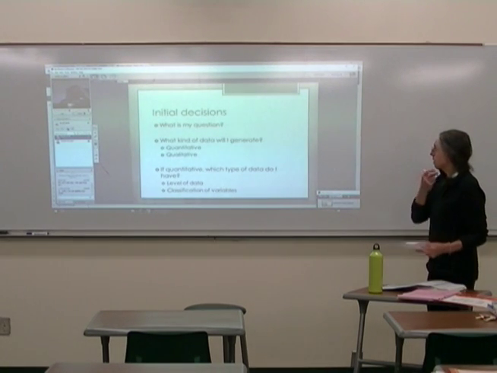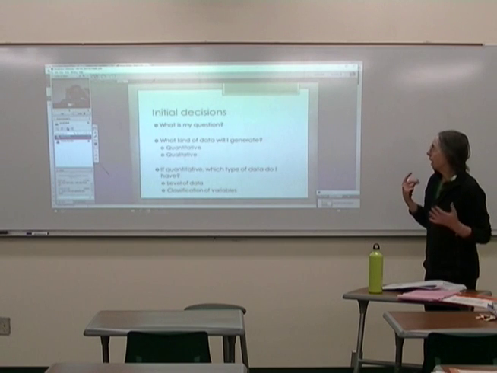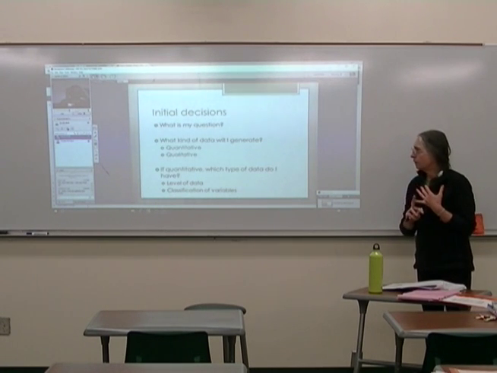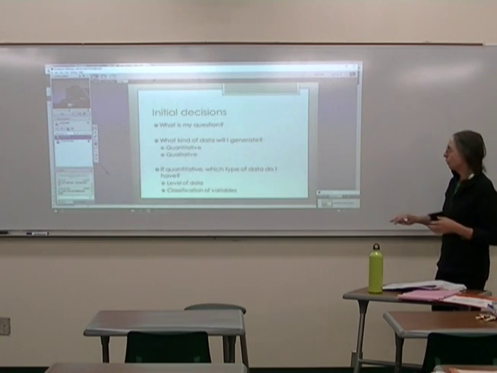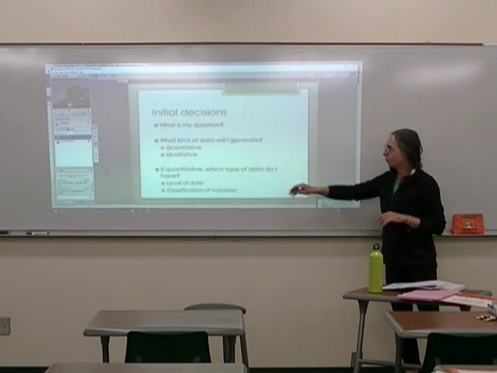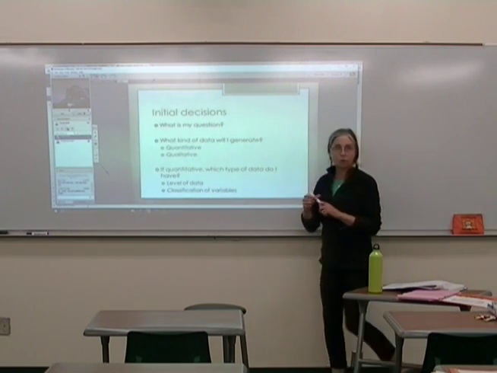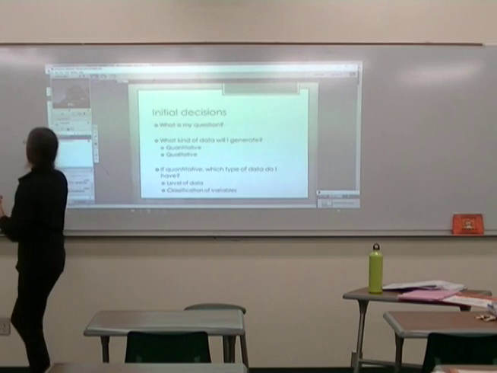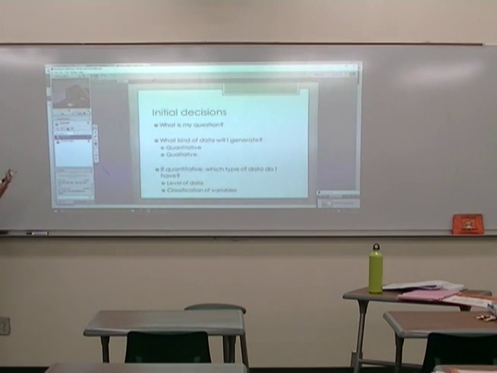All right. So I want my independent and my dependent variable. I want to know what level of data I've got. So remember, if your independent variable is a training program, right, then you may have two levels.